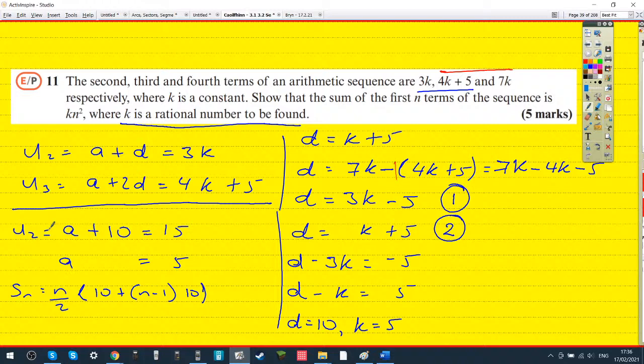So 5n, and that bit inside the brackets would be plus 10n minus 10. So if you do 10n times n over 2, 5n minus 5. I believe it is 5n squared.